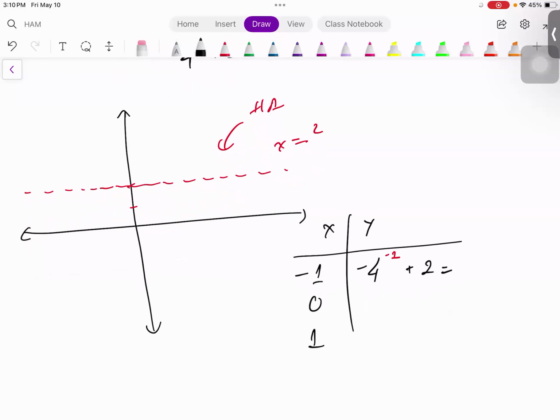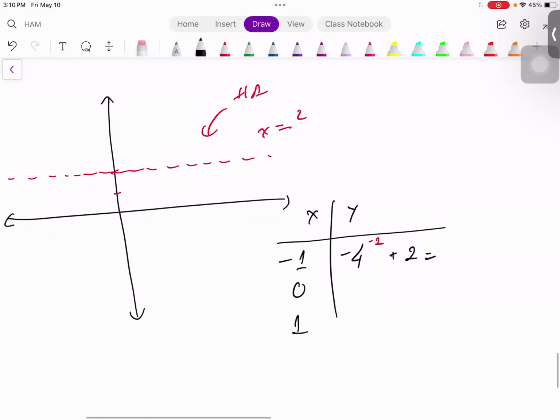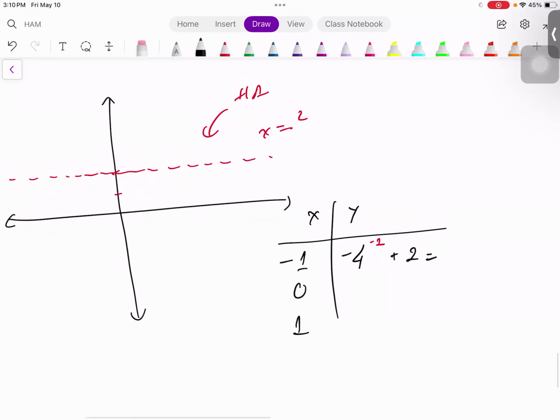Okay, Jose. Pay attention. This is the second time I ask you. The negative power, you flip the number. So what is 4 to -1? 1 over 4. Karen, what is 3 to negative 1?